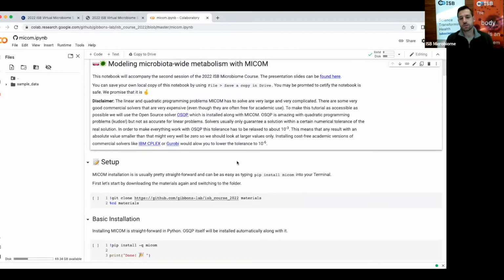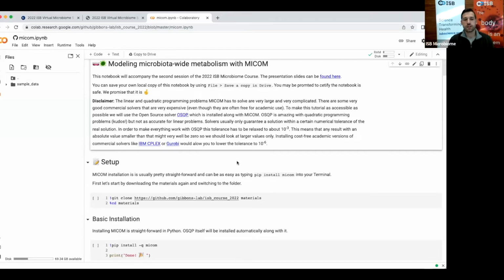MICOM is the package that we're using here in order to build our metabolic models of our microbial communities. And MICOM has to do a lot of pretty large and complex linear and quadratic programming problems. In order to solve those, MICOM requires the use of a quadratic programming solver.